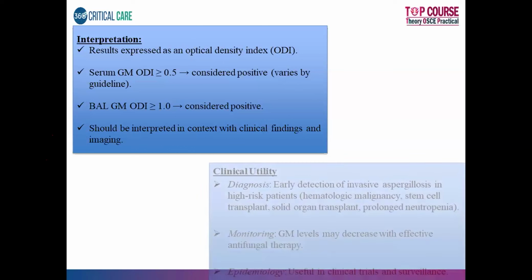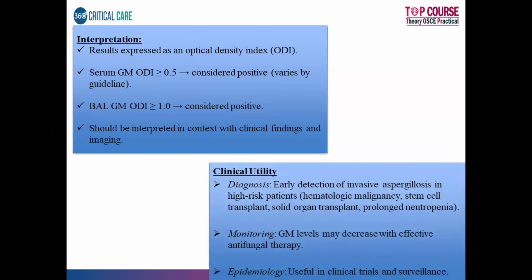Okay. Now, what is the clinical utility? It helps in diagnosis, it helps in monitoring of the disease, and also helpful in epidemiology purposes. Diagnosis helps in early detection of invasive aspergillosis, especially in high-risk patients, like your hematological malignancy, stem cell transplant, solid organ transplant, or prolonged neutropenic patients.